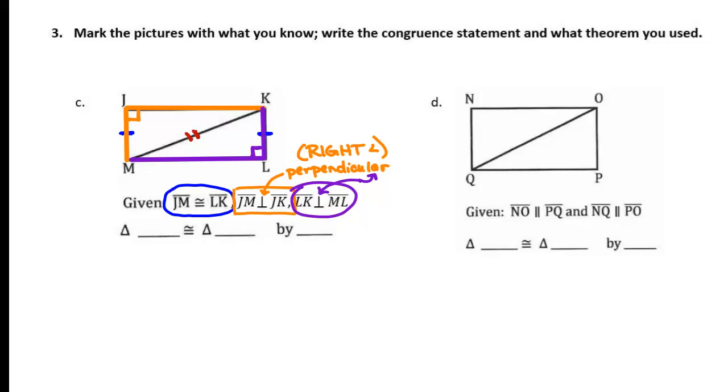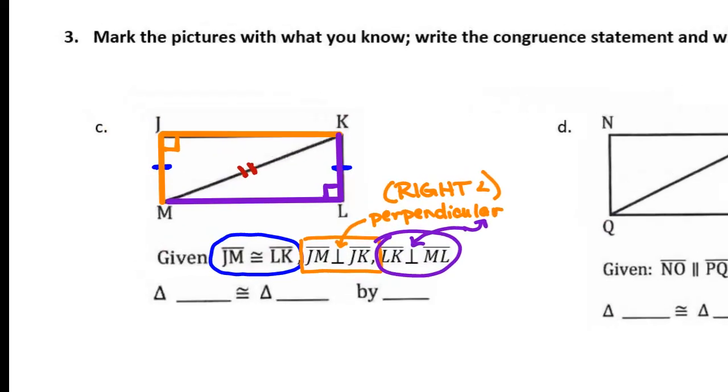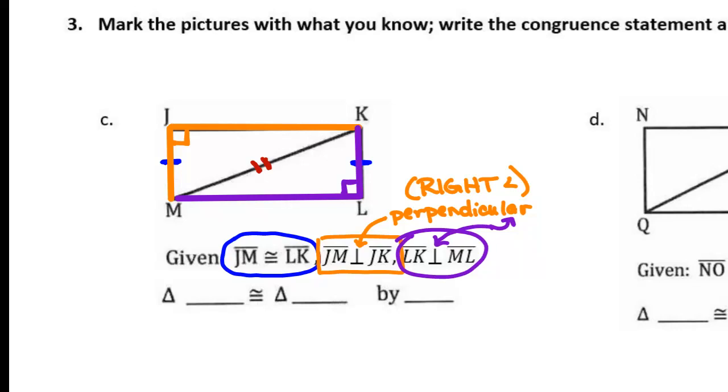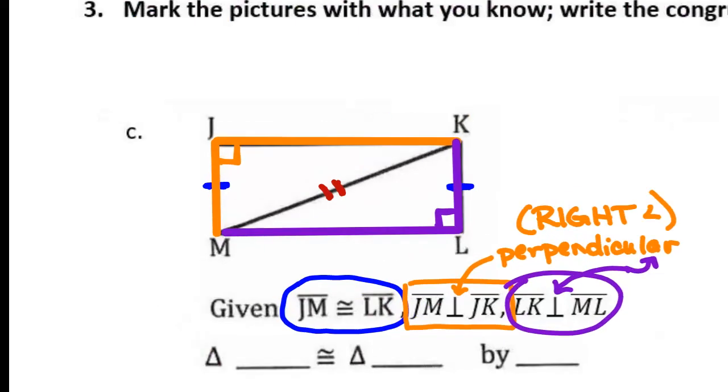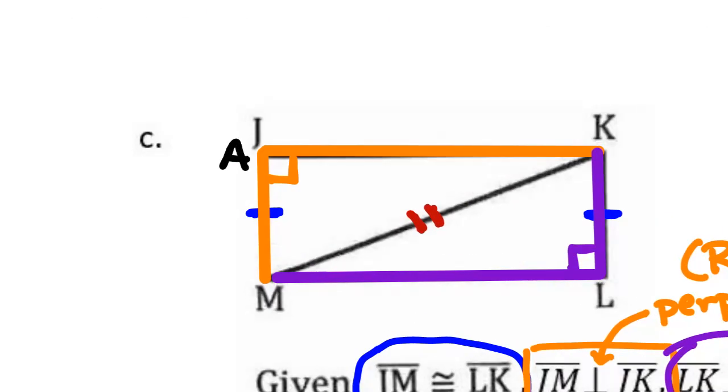Do I have enough information to say that these two triangles are congruent to each other? Yes. Using which congruence criteria? Which pieces do we have marked here? I see an angle right here. And then what? A side. And then I have to move to the next closest thing, which would be another side.